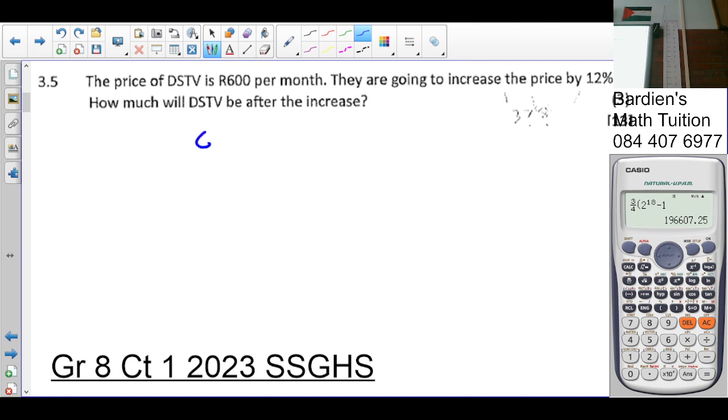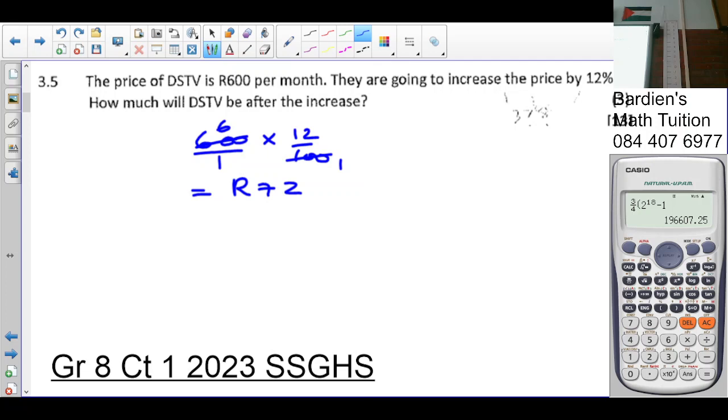So 12% of 600, say 600 multiplied by 12 over 100, because that's 12%. That's over 1. 100 goes into 600 6 times, and 100 goes into 100 once. So 6 times 12 is 72 Rand. So that's the increased price.